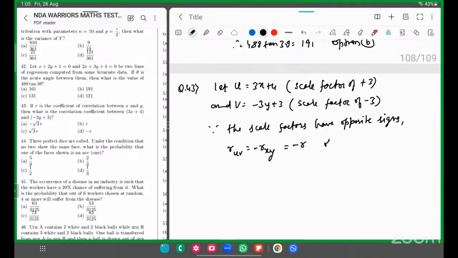Minus r, that is option D, you can tick. Okay. Next, 44 we can do.